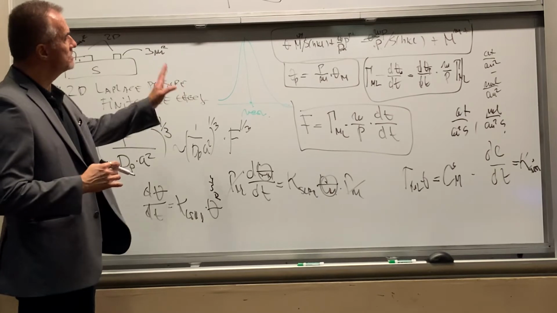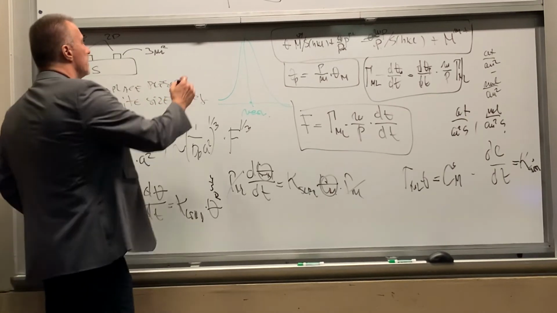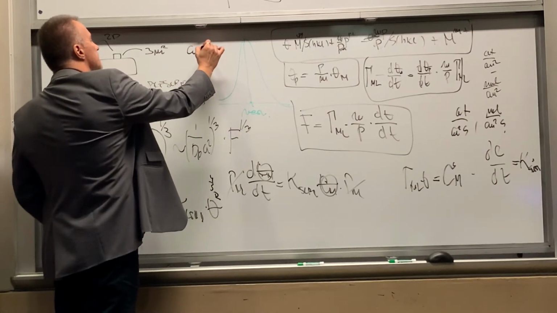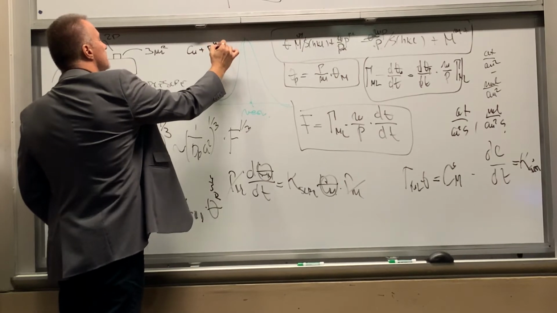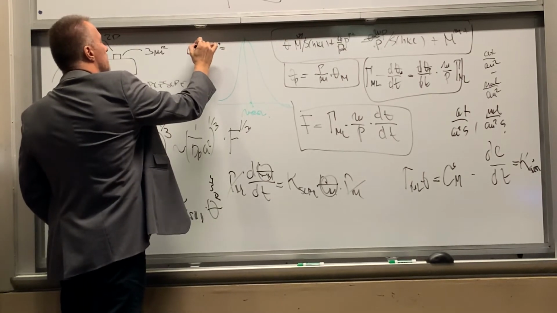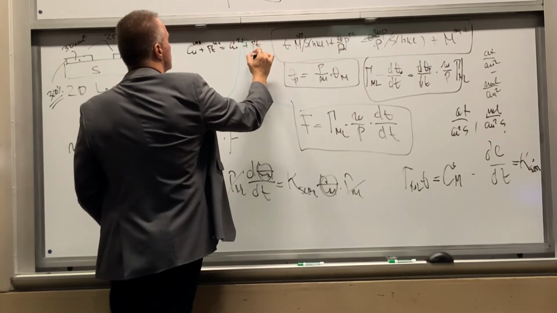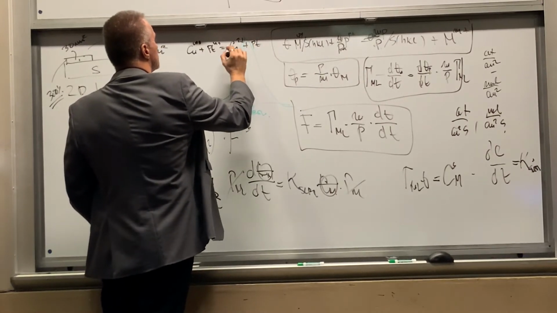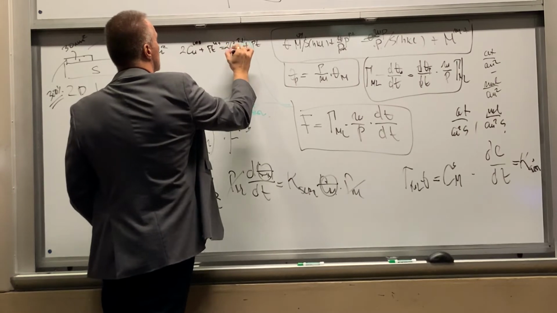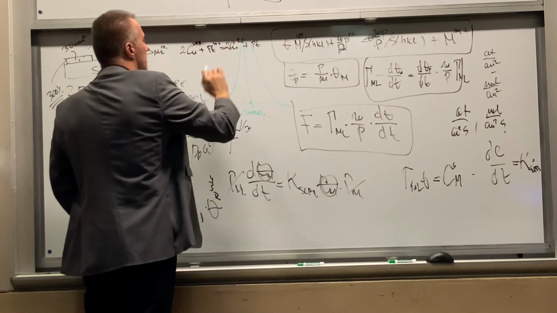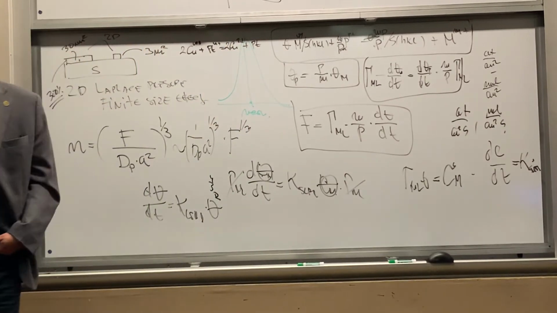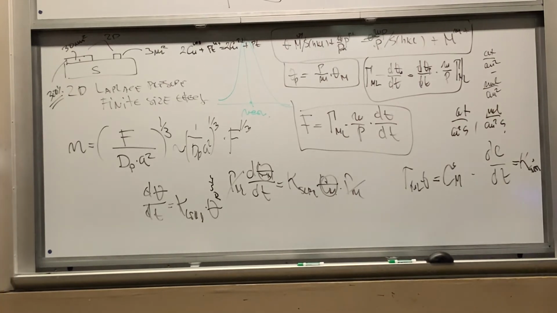Like, let's assume we have copper UPD plus Pt4+ going to copper 2+ plus Pt, right? Because this is 2+, I need two coppers to react with one Pt, right? So two coppers react with one Pt.